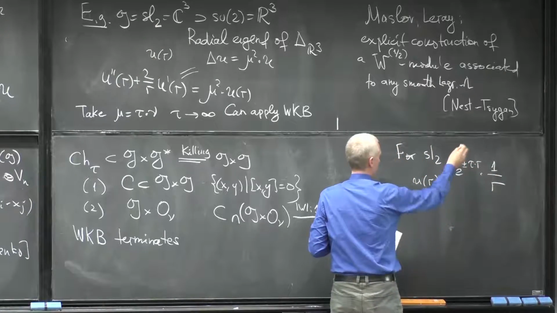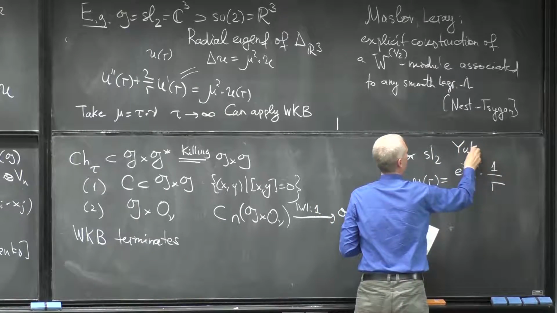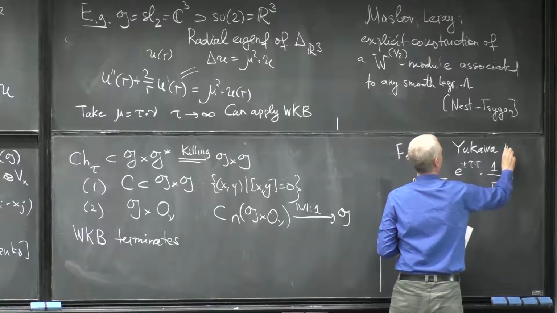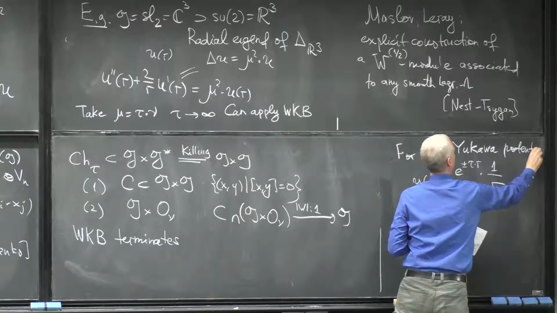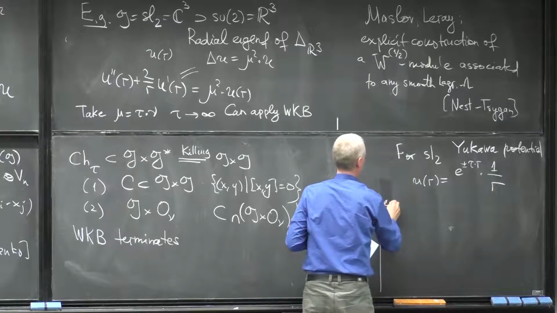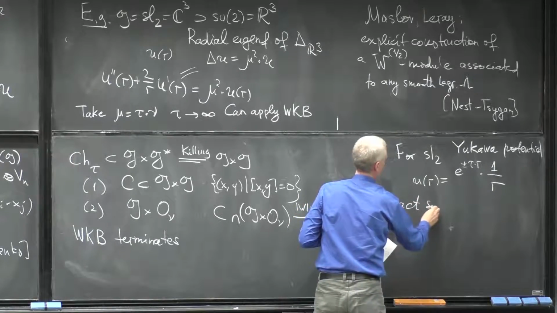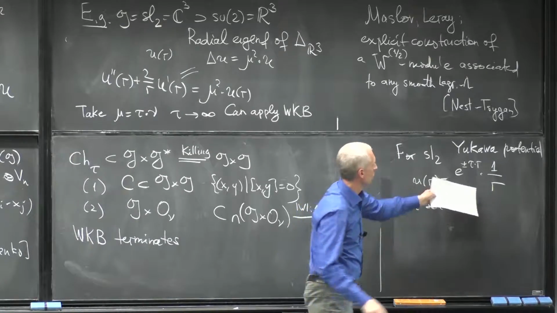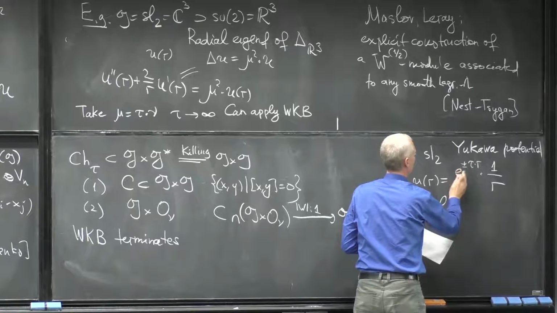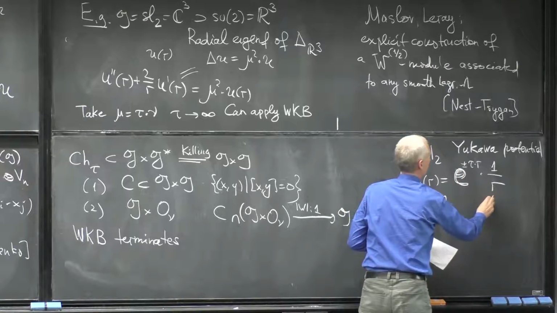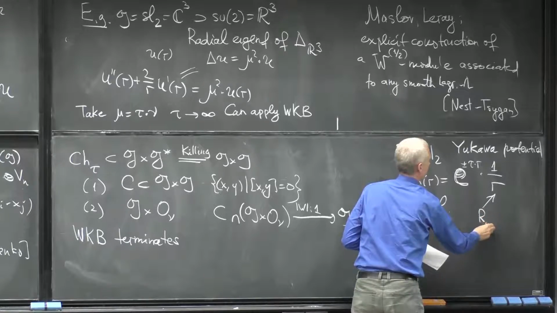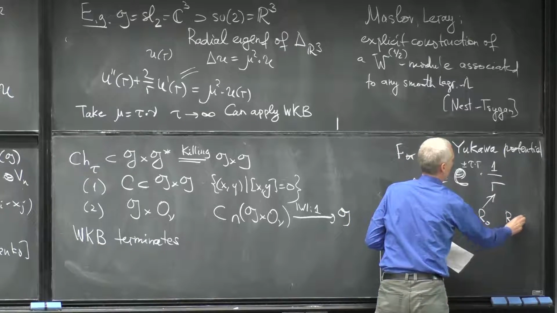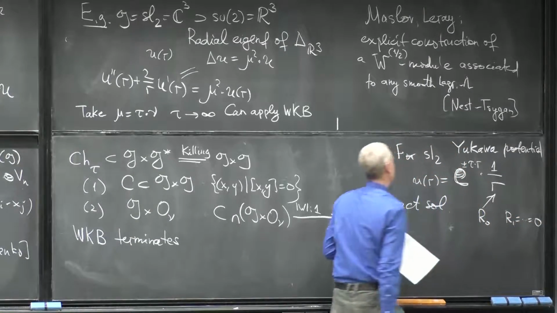It's exact. It's the so-called Yukawa potential. And this is an exact solution. So this is the first WKB term R0 and R1.